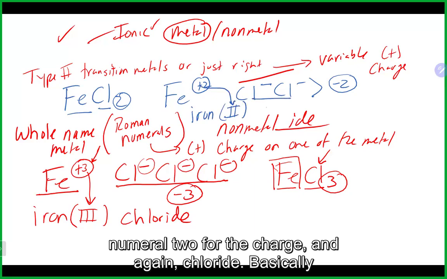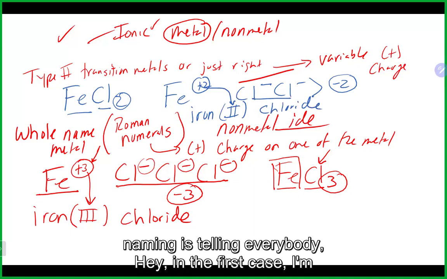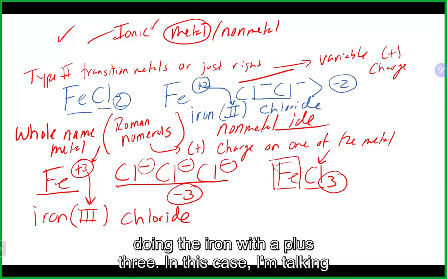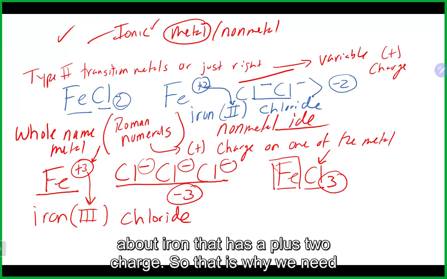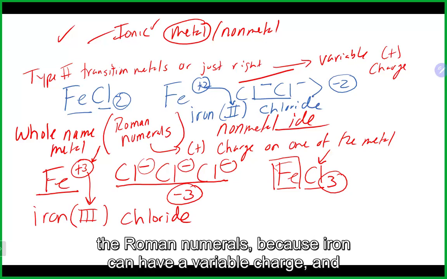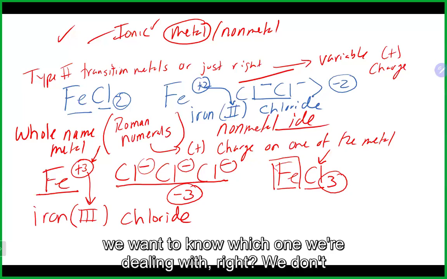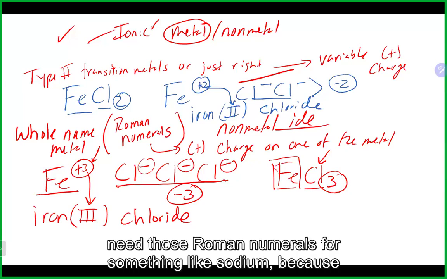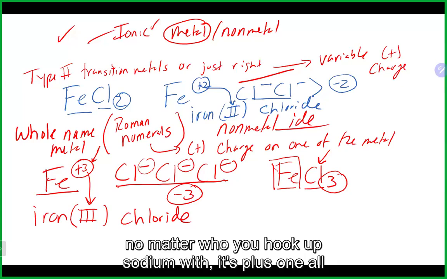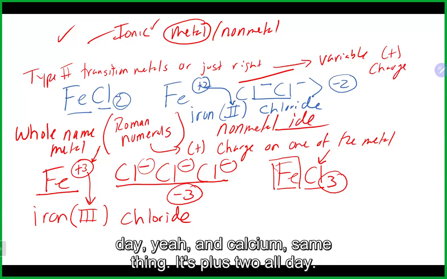And again, chloride. Basically, naming is telling everybody, hey, in the first case, I'm doing the iron with a +3. In this case, I'm talking about iron that has a +2 charge. So that is why we need the Roman numerals, because iron can have a variable charge, and we want to know which one we're dealing with, right? We don't need those Roman numerals for something like sodium, because no matter who you hook up sodium with, it's +1 all day, yeah?